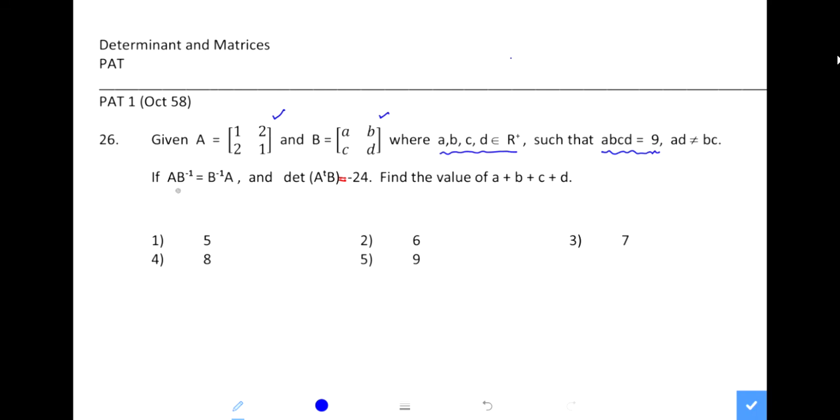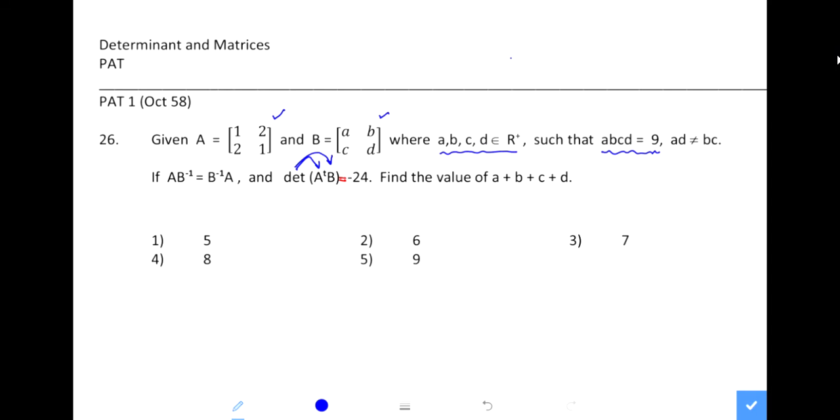This one, we come back: A times B inverse is equal to B inverse times A, something like swappable, you can swap the place. And then this one, det of A transpose times B is equal to negative 24. Aha! I see that I have an A. And like I told you in problem number 1, if you have a det in front of the product like this, you can just distribute or expand.